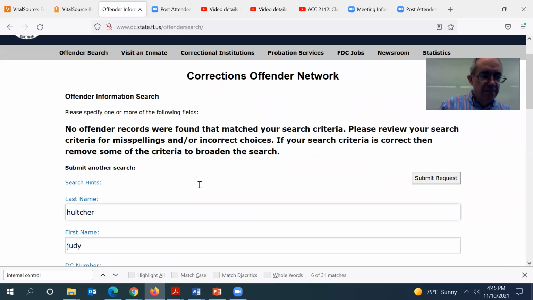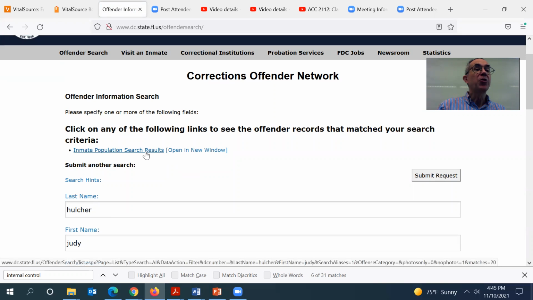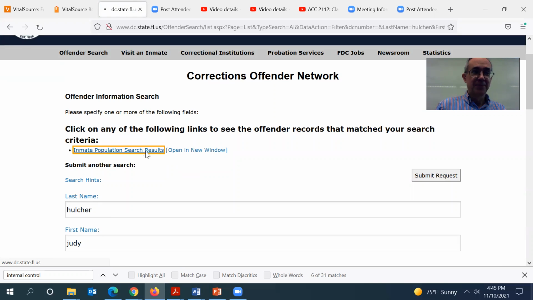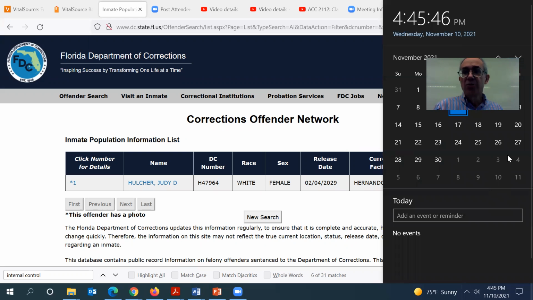Oh, maybe there's no T. There we go. We can find her under inmate population search results. Okay, then we see there's information about her. Whoa, she's not to be released until 2029. She's up in the Hernando Correctional Institute. She was born in '57. Look, her birthday's later this month on the 27th. Is that Thanksgiving? No, two days after.